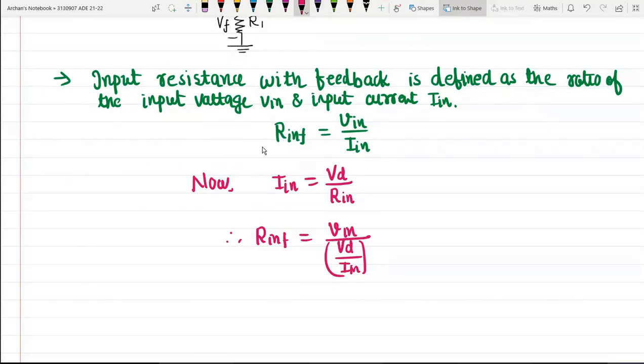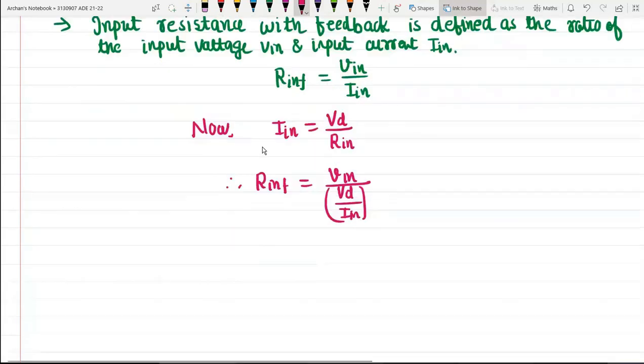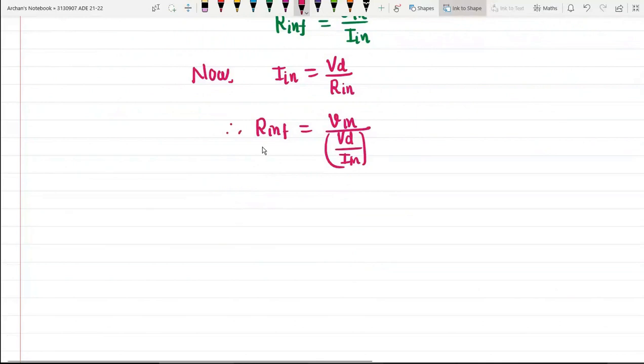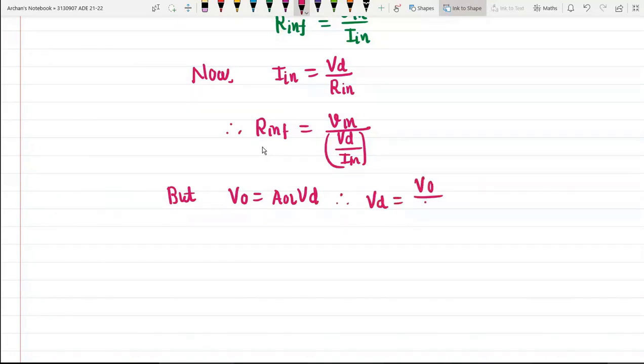Now let us try to find the equation for Vd. We know the equation relating Vd: it is the equation of output voltage. So V0 is equal to AOL times Vd. Therefore Vd will be equal to V0 divided by the open loop gain.